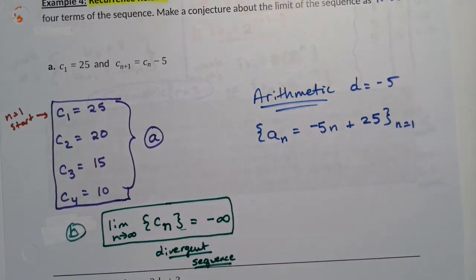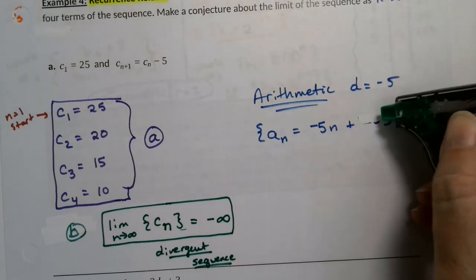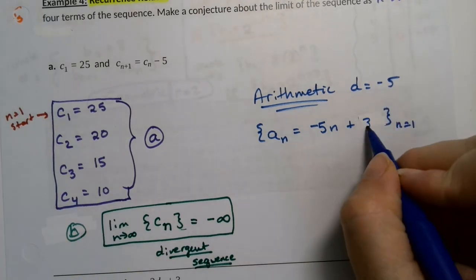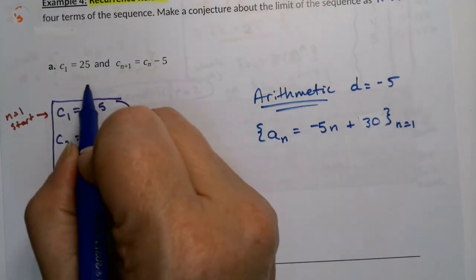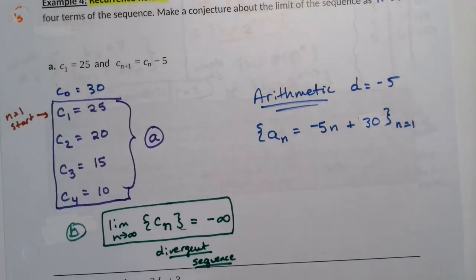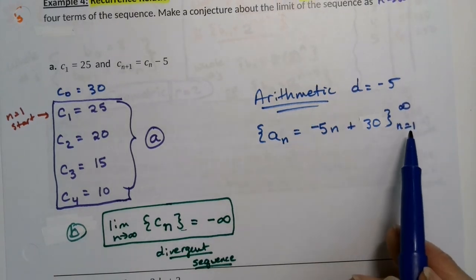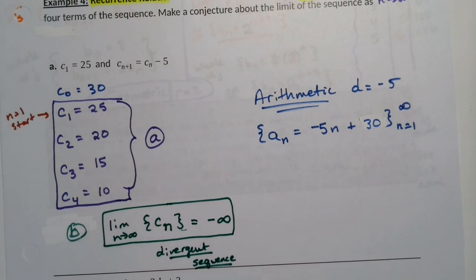Oh no, it's plus 30. Right, because if I put 30 here, when I put 1 in, I'll get 25. So 30, because this must be c sub 0 right here. And that will be that relationship, because I want, when I substitute 1 in, for it to work. And it will if I make that 30.